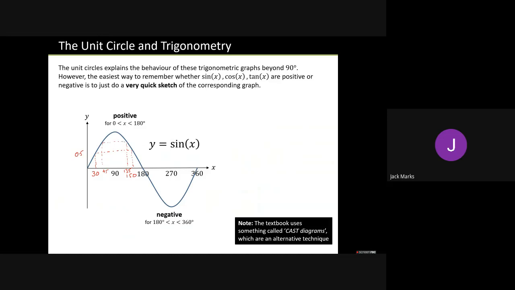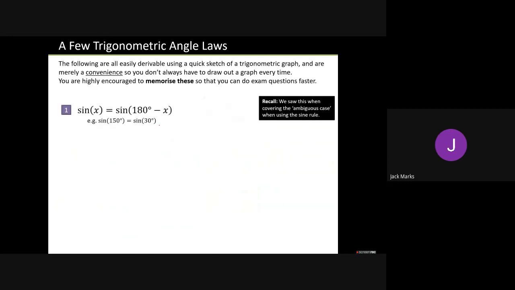So what's going on here? Well, yes, there is some symmetry down this sort of line here in the middle, but how could we describe this with a rule? So if 30 gives you the same value as 150, 45 the same as 135, what do they add up to together? Well, it's this rule here.